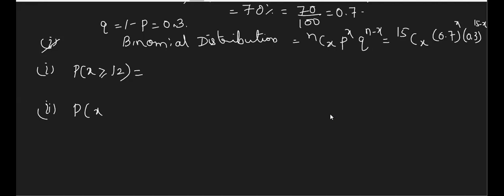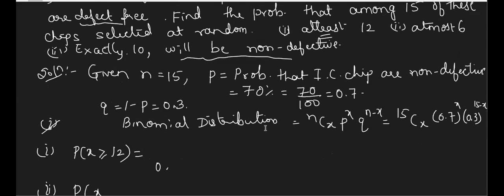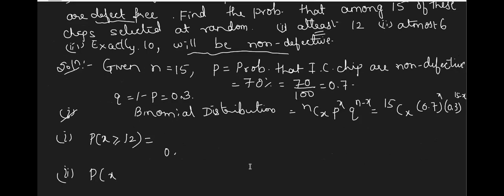Again, the value should be what? Answer is 0 point. This much I can see. What is the second condition? It is at most 6. At most 6 means? Less than or equal to 6. Again, shall I take a complement or direct? Again, direct only will work out here. How many values will come? Count and tell me. At most 6.